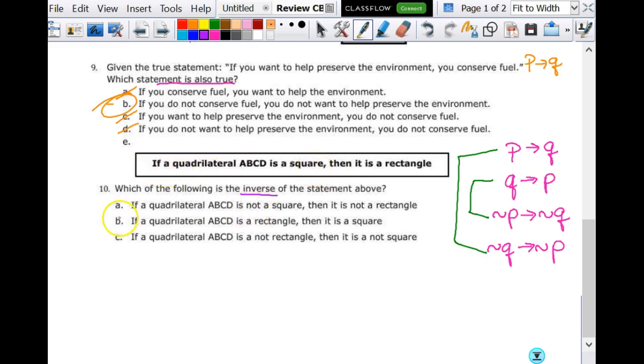So this first one says if it's not a square. Hang on to that. The quadrilateral is a rectangle. Nothing about a square. The quadrilateral is not a rectangle. Nothing about a square. My answer is A, because this is if it's not a square, then it is not a rectangle. That is your inverse of the statement above.